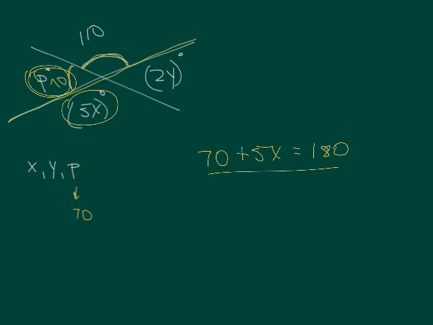Well, we just do our simple algebra here. 5x equals 180 minus 70. So 5x equals 110. X, we divide both sides by 5. X equals 22. So x is 22.